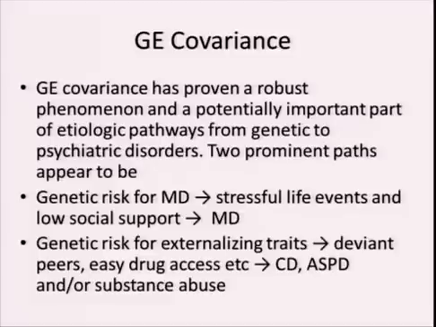And equally well, if not stronger, is the evidence that genetic risk for externalizing traits also passes through environmental factors, particularly deviant peers, easy drug access, and others. So as we are beginning to parse the genetic pathways for the major psychiatric disorders, this GE covariance is front and center, playing important roles.